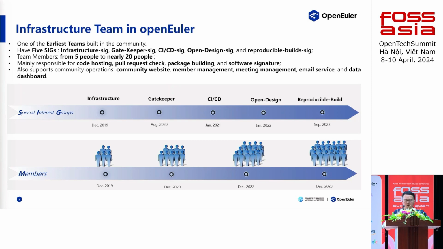The scope of our work is also expanding. We are mainly responsible for the community development process, such as code hosting, the pull request check, package building, and software signature. We also support the community operations, such as community website, member management, meeting management, email service, and the data dashboard.